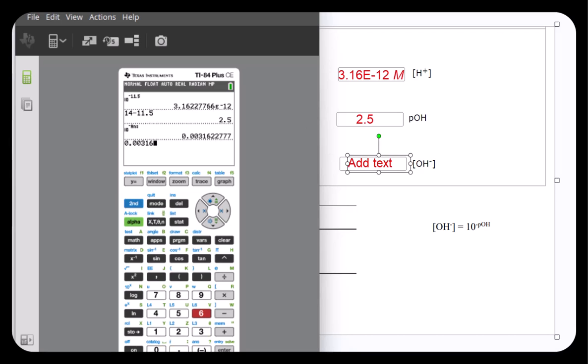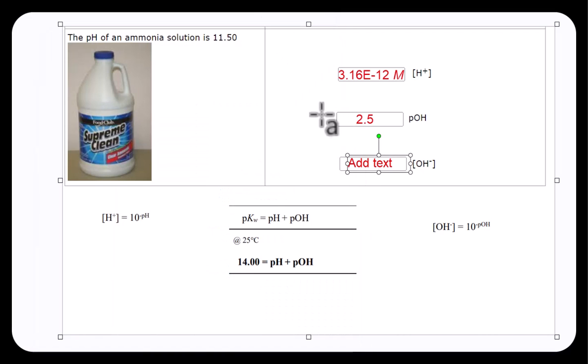Oh, I was typing it in my calculator. Okay, let me type it in here. 0.00316. This is going to be a larger value because this is a basic solution. And let me not forget, because this is a real number, it means molarity.